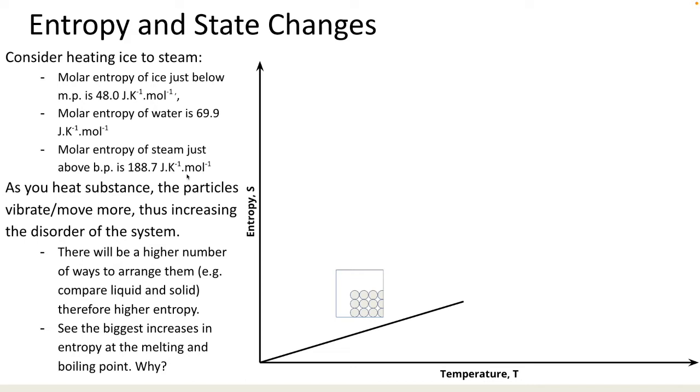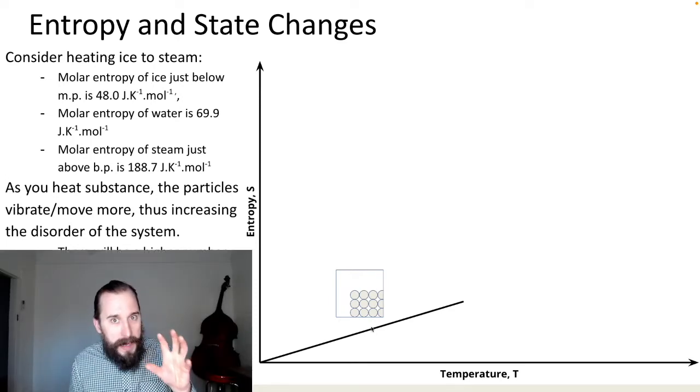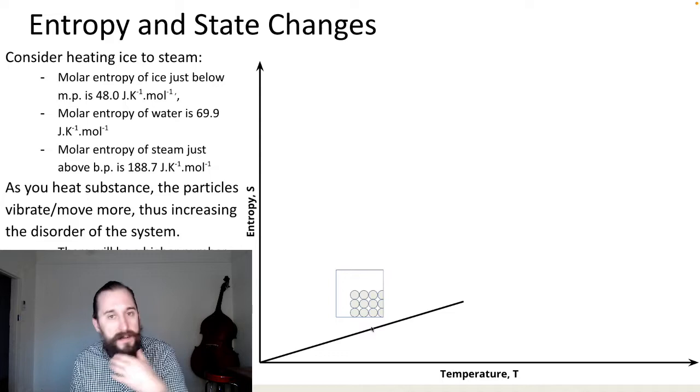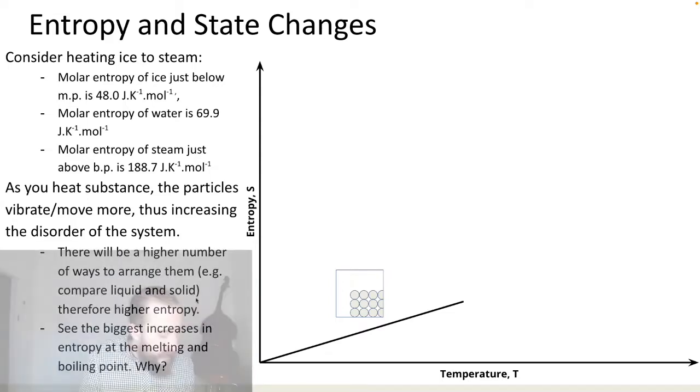So as we just said, we start in our solid phase. In our solid phase, as we increase the temperature, the particles are still fixed in position. However, they're able to vibrate more fiercely, which gives us more microstates available, more ways to arrange them, so therefore a higher entropy.